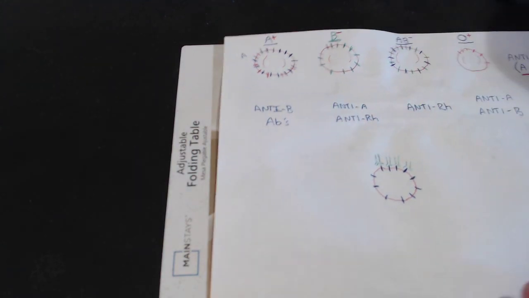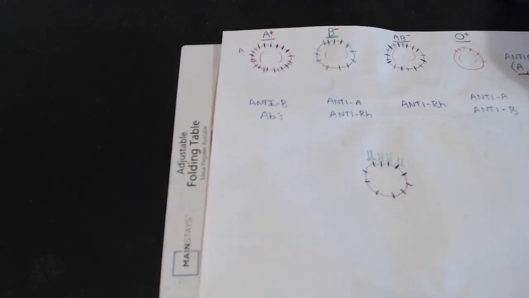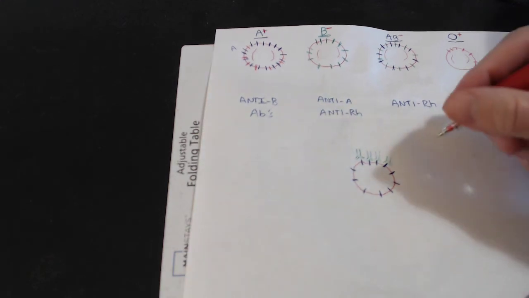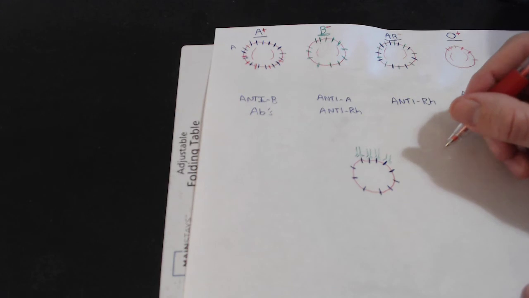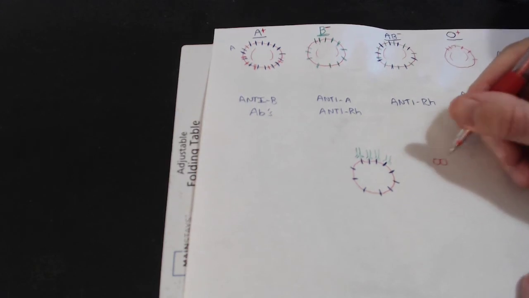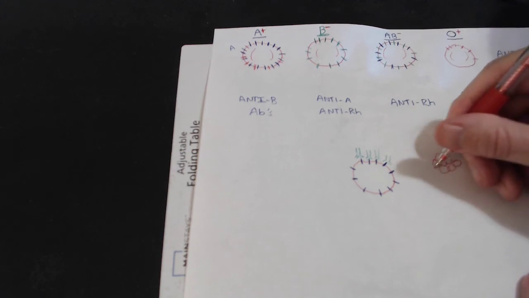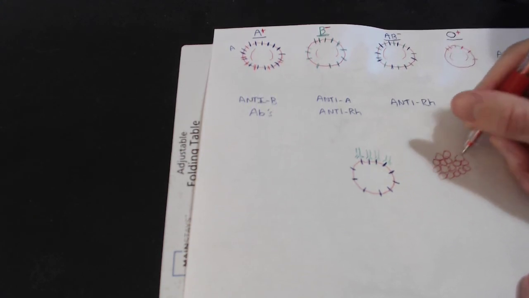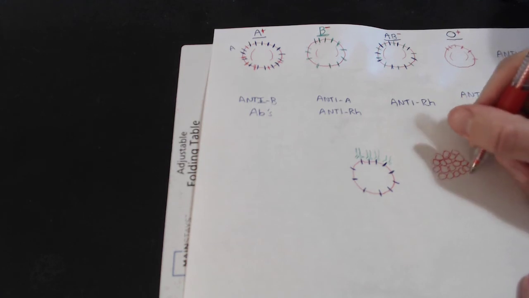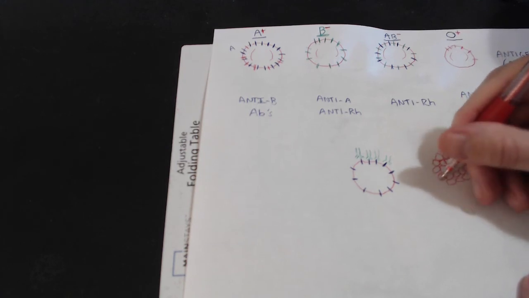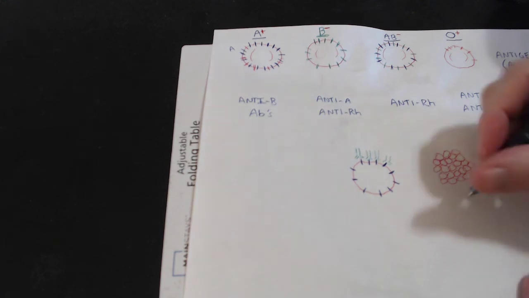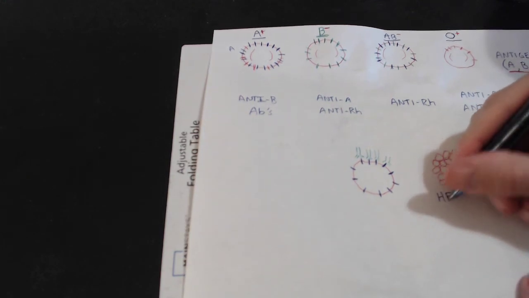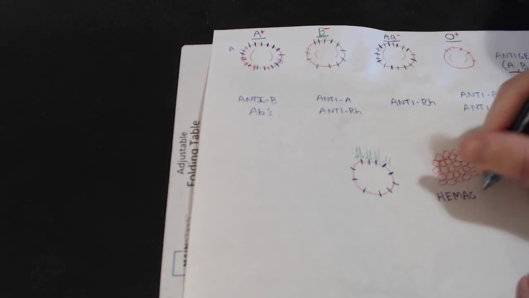So when this happens, when antibodies attack and bind to the antigens on a red blood cell, this is going to cause all of the red blood cells that are being recognized to start to clump together like this. So this is a process called hemagglutination.